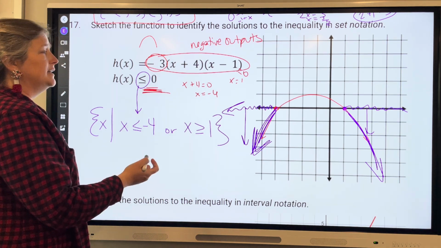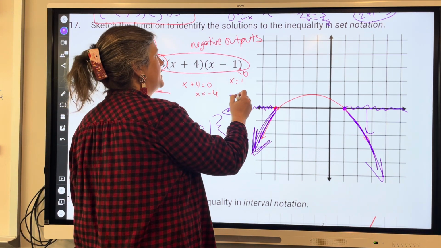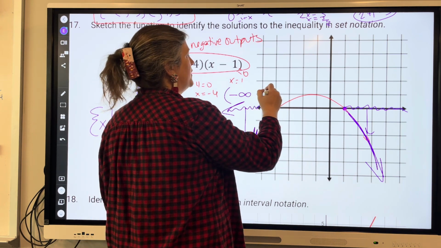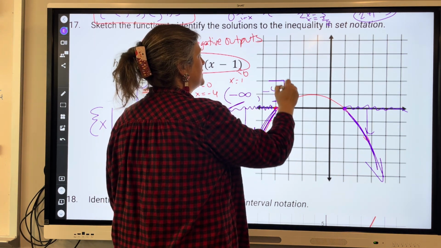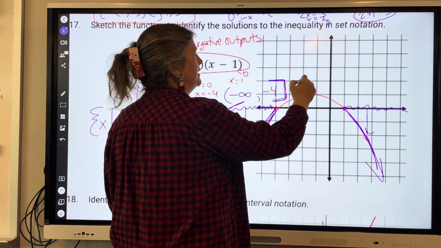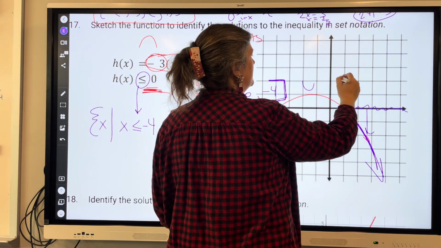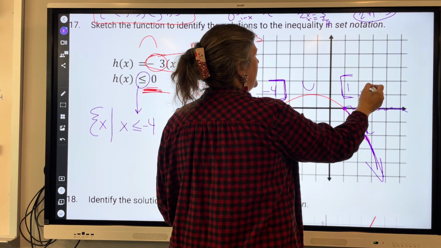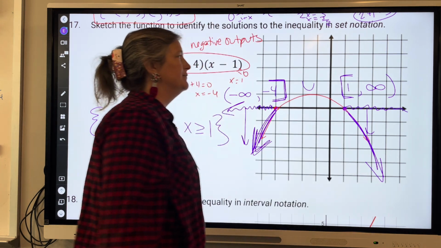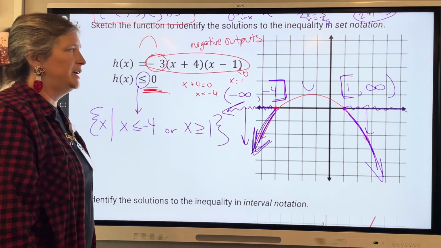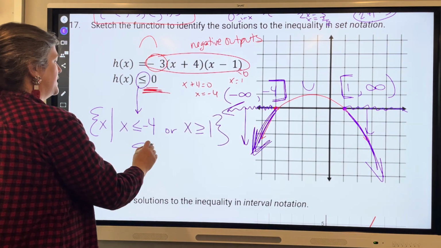If I wanted that in interval notation, I would start with negative infinity, go all the way up to negative 4 and include it, square bracket. And then I would jump over here to 1 and finish out all the way at infinity. So that would be my interval notation. This is set notation.